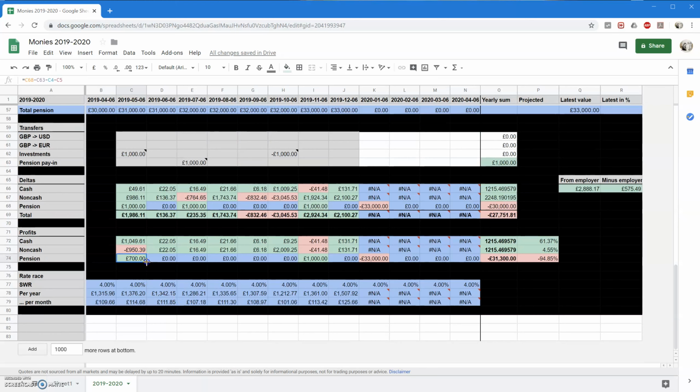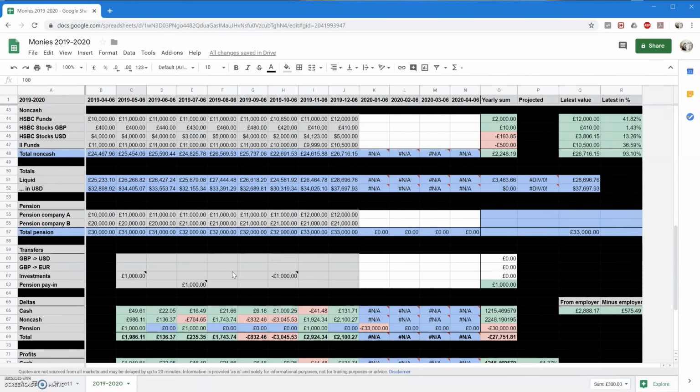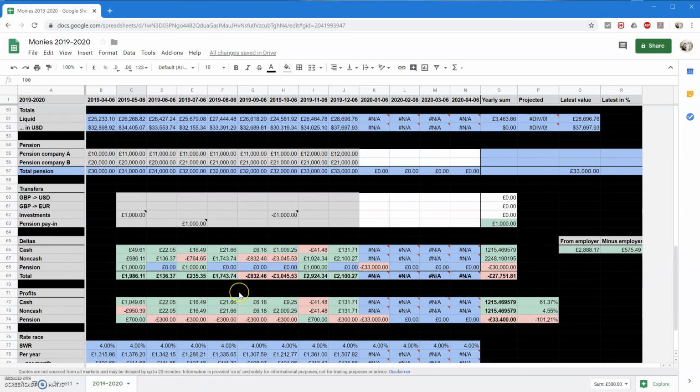There. So when I drag that out, I see suddenly we're losing. The pension pot is losing money, it seems, if you look at this. And it actually is, because we're paying in 300 a month. And the fake values I put in here, I just put in the same values. It's not going up or down.